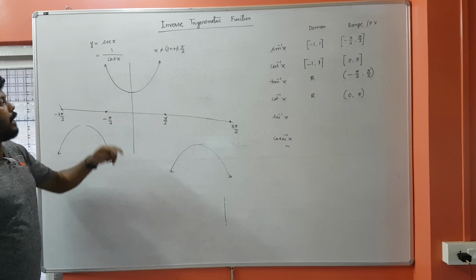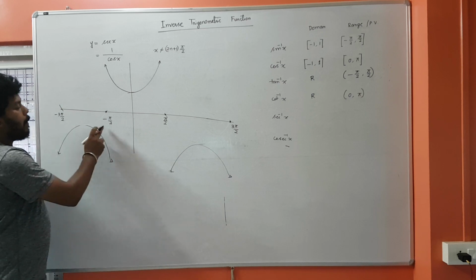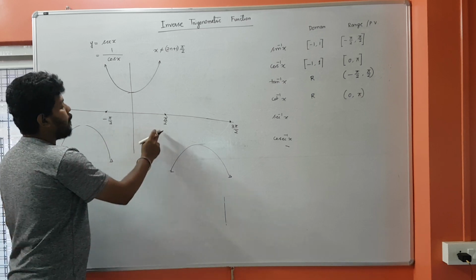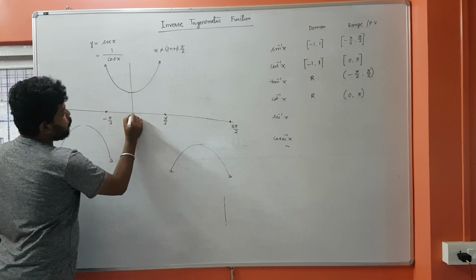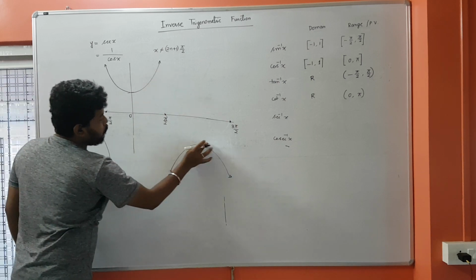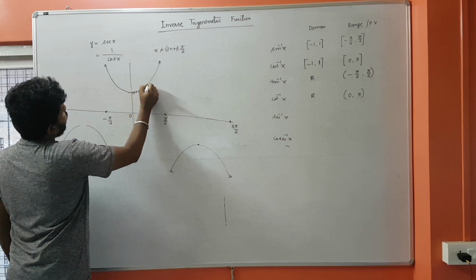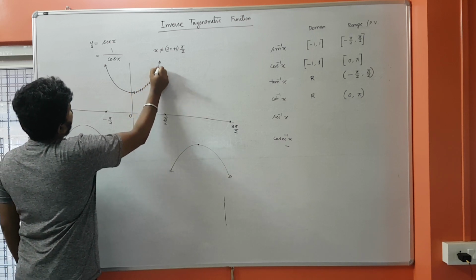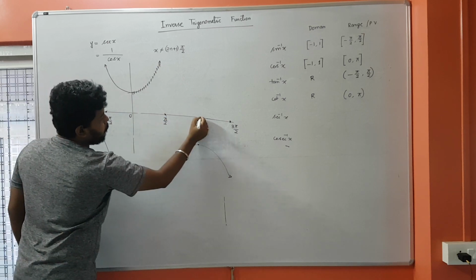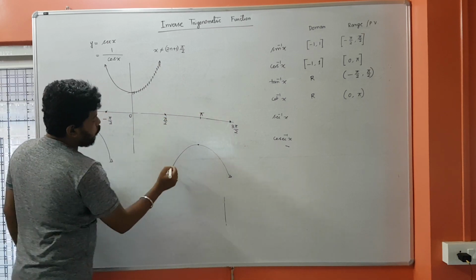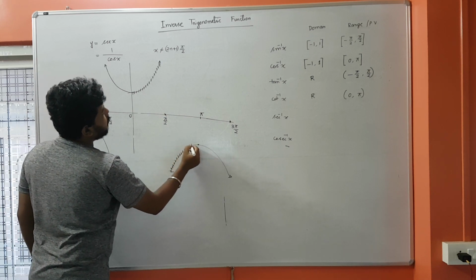Therefore, to make it a 1-1 function, we have to restrict the domain from minus π/2 to plus π/2, from 0 to π/2 and π/2 to π. Here the function is 1-1 from 0 to π/2 and π/2 to π. The graph of sec x is 1-1 and non-periodic.